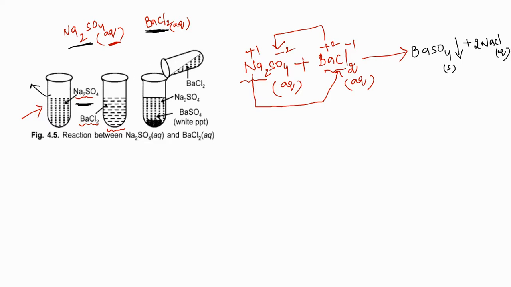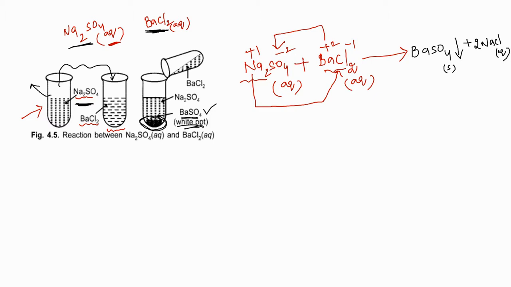When you mix these colorless solutions of sodium sulfate and barium chloride, you will get a white precipitate, which is called barium sulfate. You are mixing sodium sulfate aqueous solution and barium chloride aqueous solution in a third test tube. When you mix those two solutions, you get one insoluble solid in the test tube.